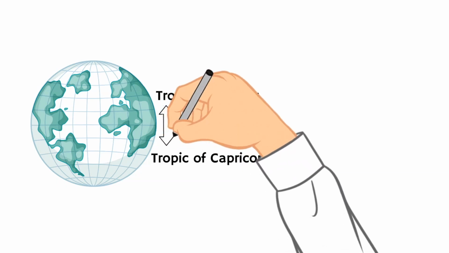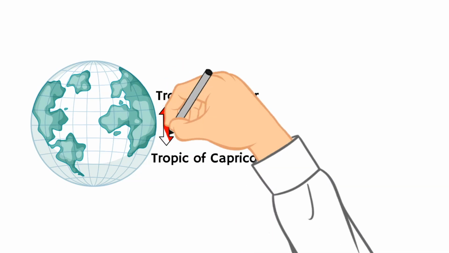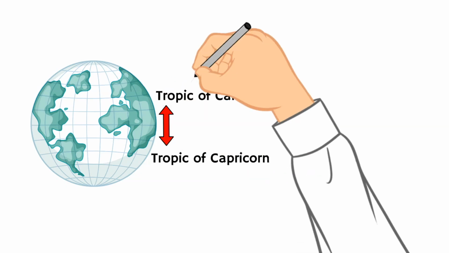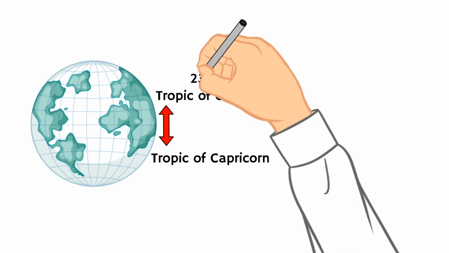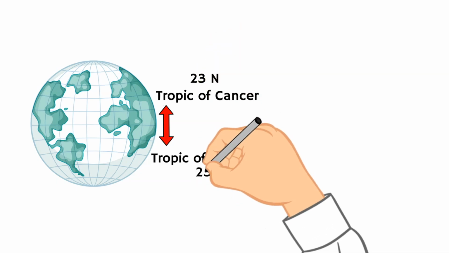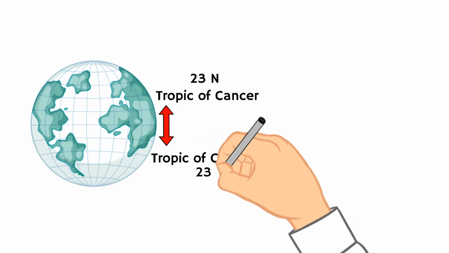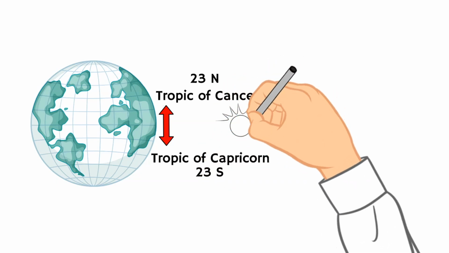The Tropic of Cancer is located at approximately 23 degrees north, and the Tropic of Capricorn is located approximately at 23 degrees south. These are 2 imaginary lines, just like the Arctic Circle and the Antarctic Circle, that circle the globe and mark the boundaries of the tropics.